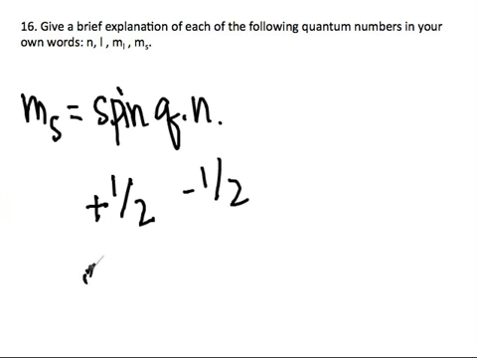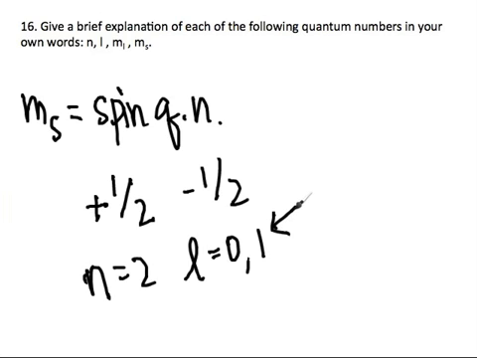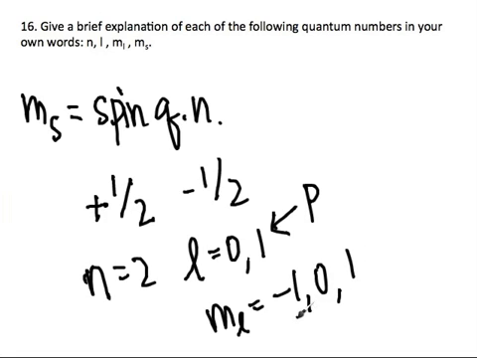Therefore, for example, with n equals 2, we can have l equals 0 and 1. Now for the p subshell, we could have a magnetic quantum number of -1, 0, and 1. And then for each of these orbitals, we can have a positive and a negative. Therefore, the p subshell can hold a maximum of 6 electrons.